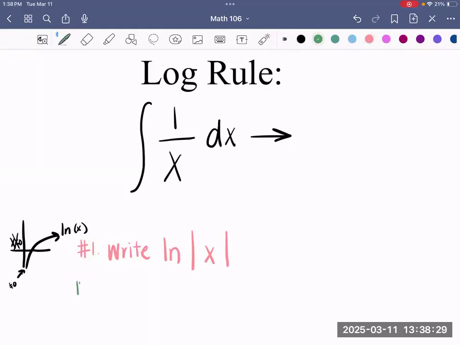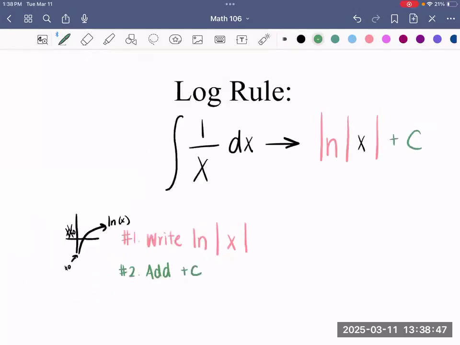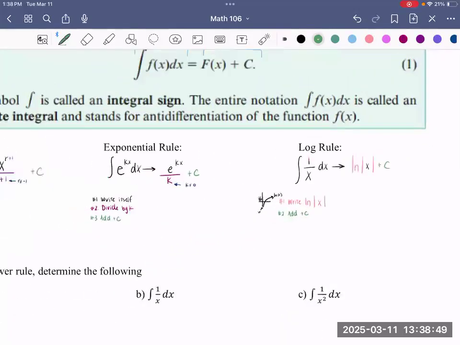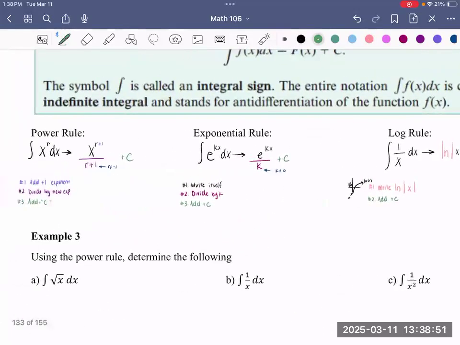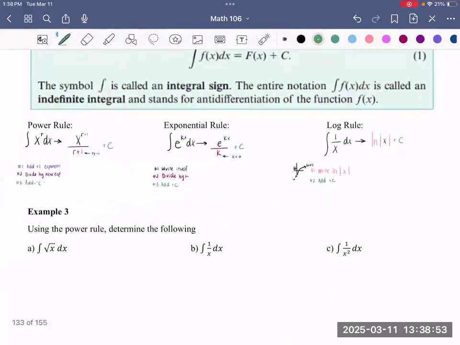And then step 2 is that we get to add plus c. So it's the ln of whatever is on the bottom, and then plus c here. So those are the 3 rules that we're going to be seeing. Everything else should remain the same. So see if you can try out example 3.